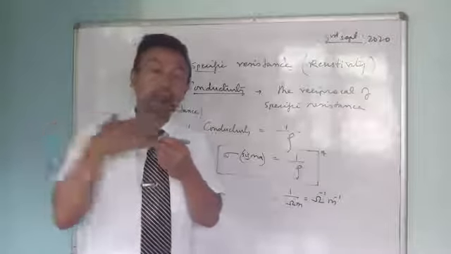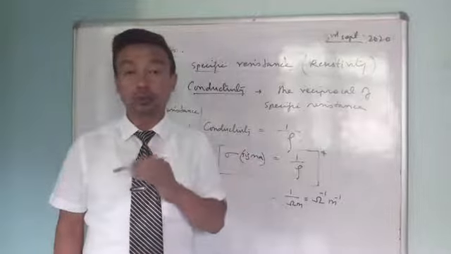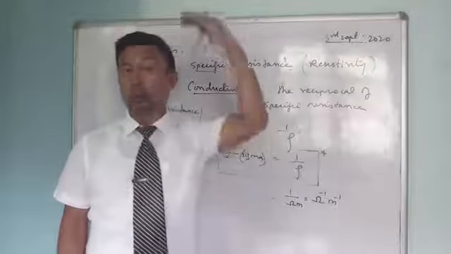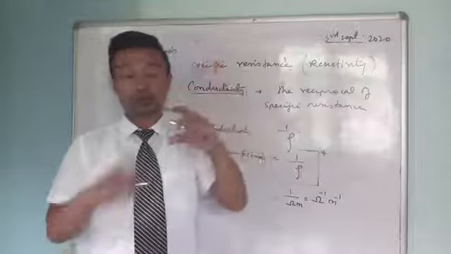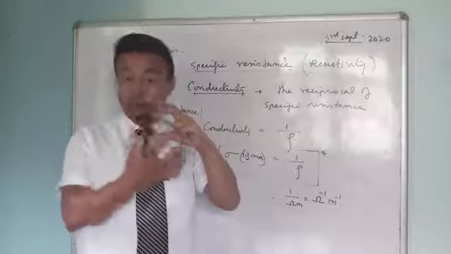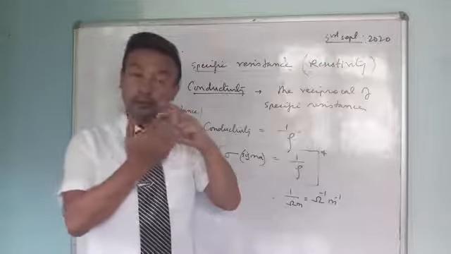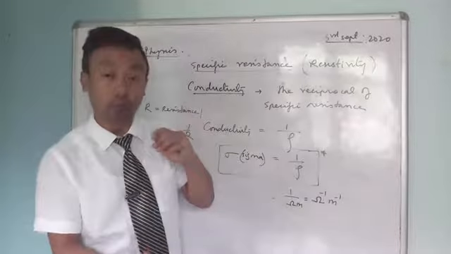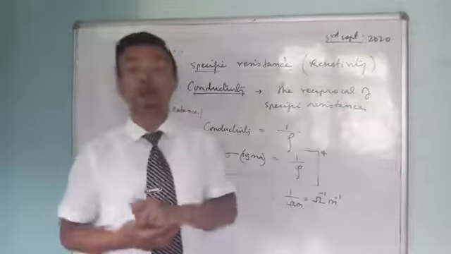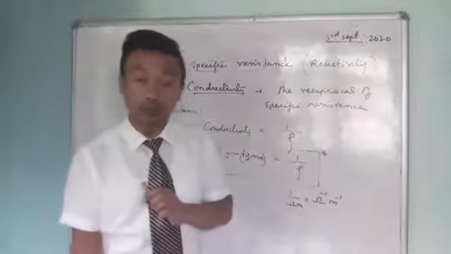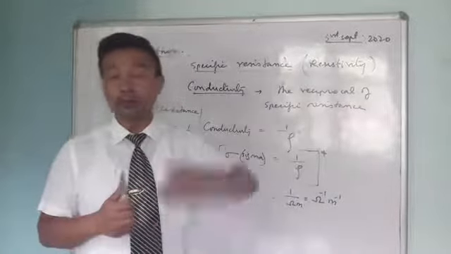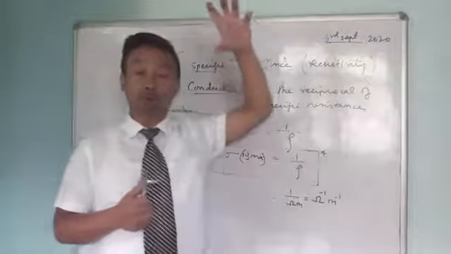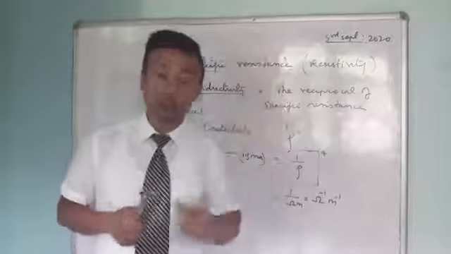Then there will be maximum flow of current, so that is called the superconductor. It is above the conductor. In the conductor also some resistance will be there, but the resistance will be less. In the semiconductor, resistance will be slightly more. In the bad conductor, the resistance will be very high. But as you go up and up, you come to a superconductor where the resistance is completely zero.